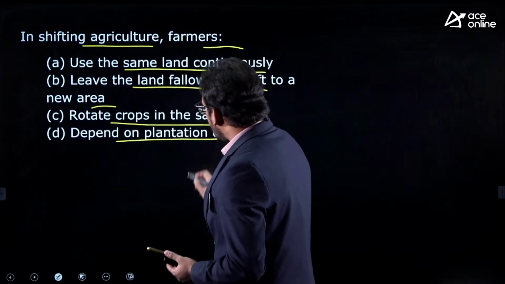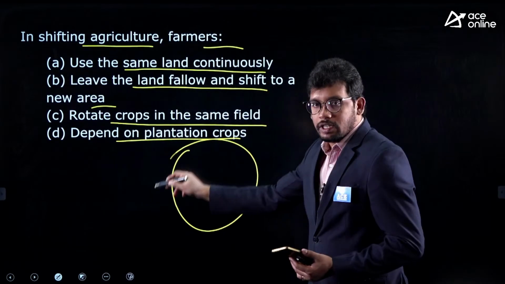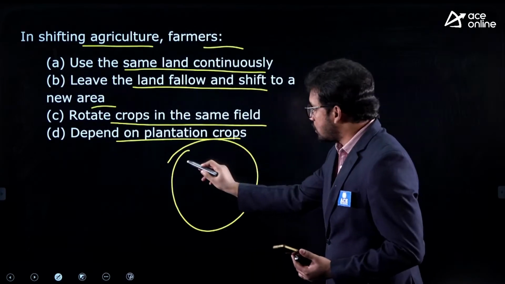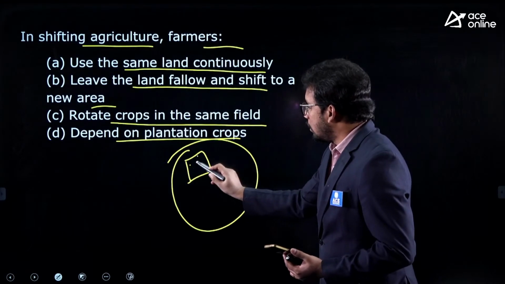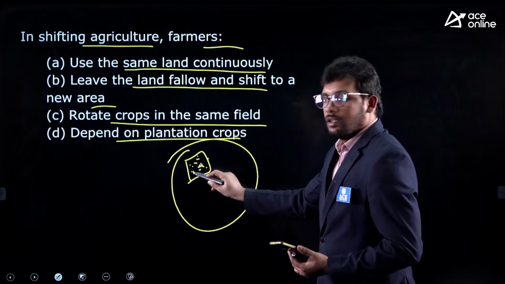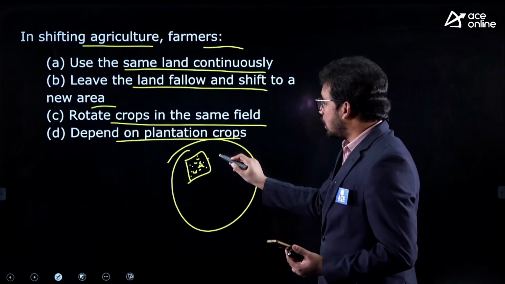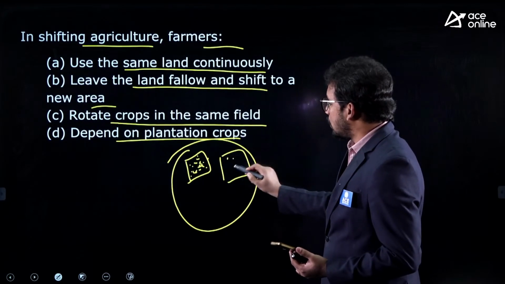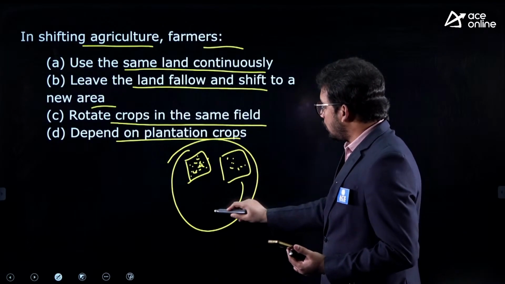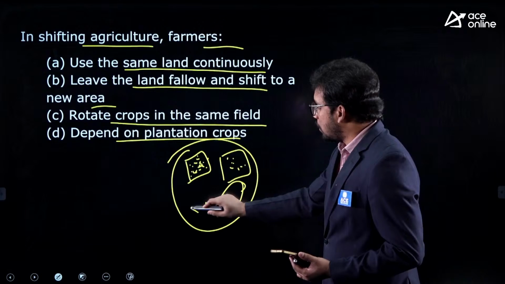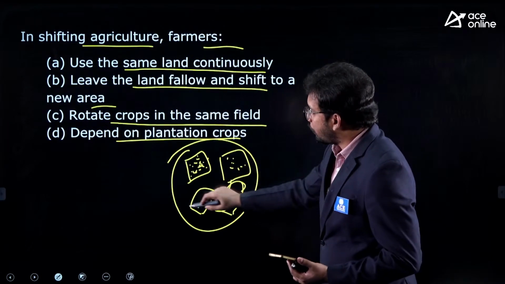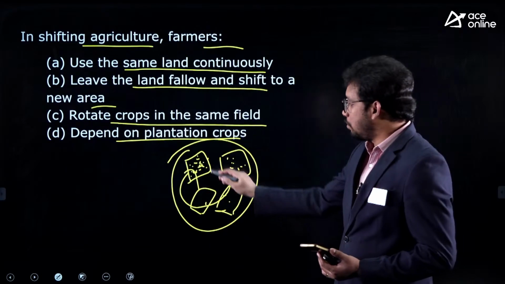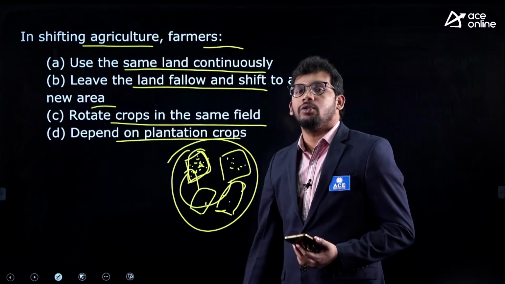So in shifting agriculture, what the tribes usually do in the tribal regions, if this is the forest, they will choose one land, they will cultivate here. Once that is done, they will clear the other forest and then they will cultivate here. Then they will choose different land, and after 4 or 5 years they will come back to this land. So meanwhile it can grow and it can give the agriculture.